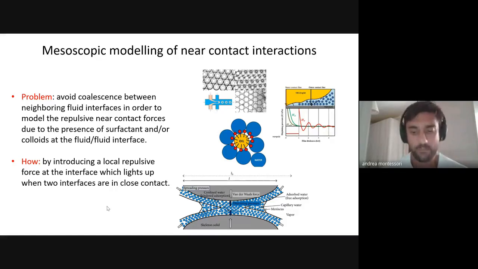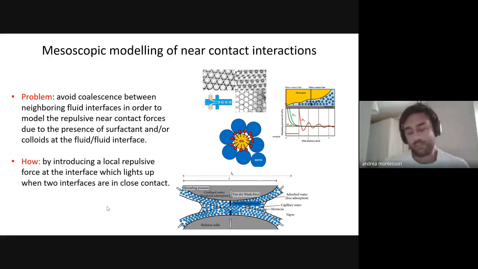But our aim is to simulate dense emulsions or foam-like flows. And so the problem is to avoid the coalescence between neighboring fluid interfaces.